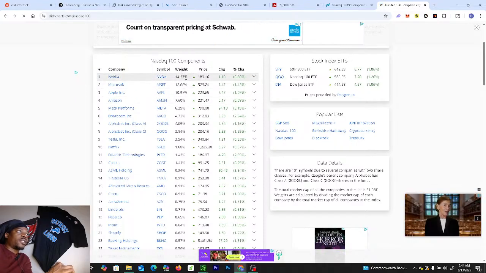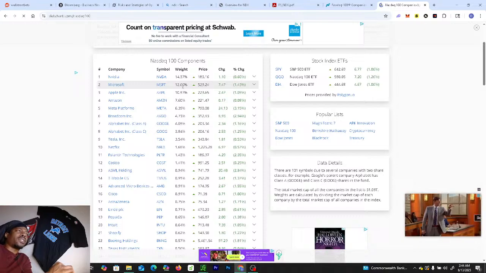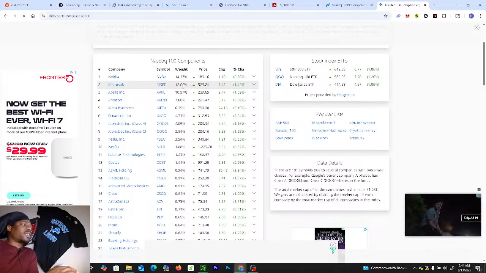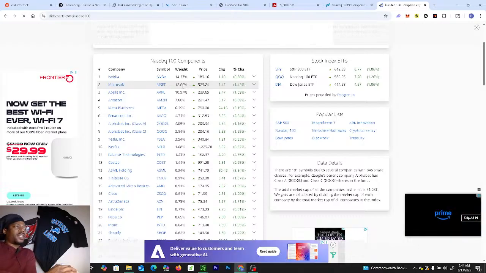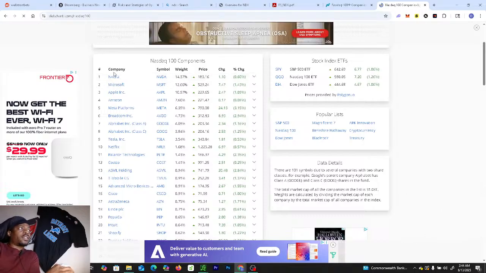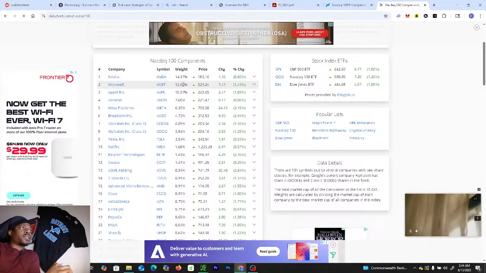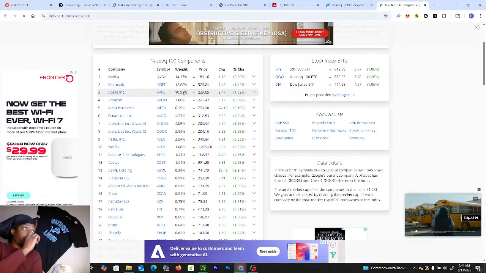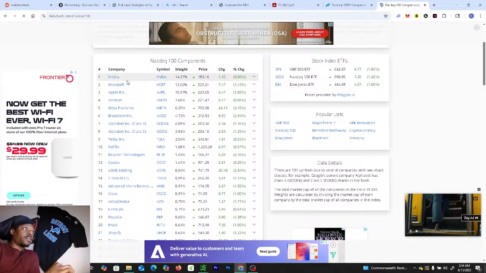NVIDIA is 14%, which is really large. I think it's the first time I've ever seen a company be that much of a percentage of the index. So NVIDIA is 14%, Microsoft is 12%, Apple is 10%. So if these three companies have really bad days, oh, the index is going down. So it's important to pay attention to what these individual companies are doing.